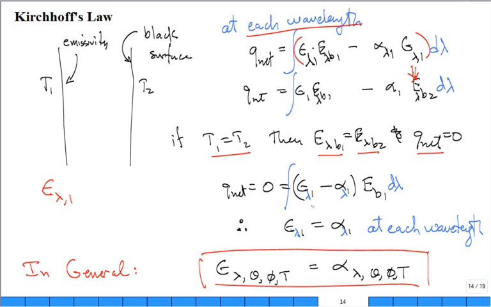You combine this, and you see that the integral, this component times that over all wavelengths, is equal to 0. The only way that occurs, think about this, is that at each and every wavelength, E lambda 1 is equal to alpha lambda 1.